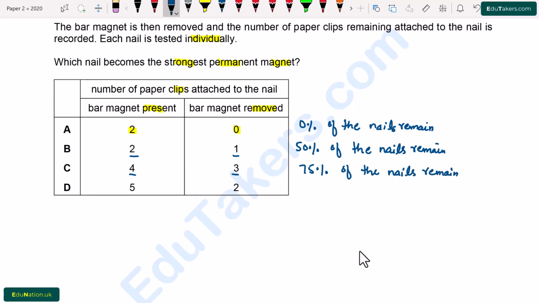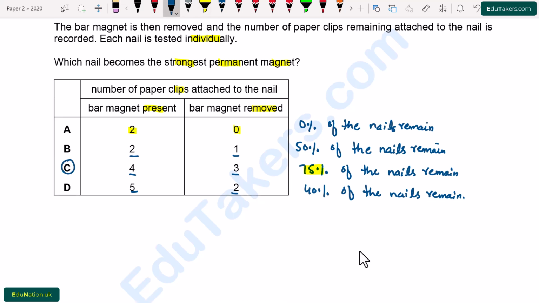And option D, 5 and 2. Here almost 40% remains. So here 75% is the largest among all of these. It means that option C is correct.